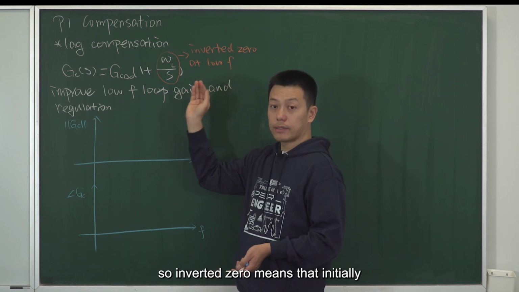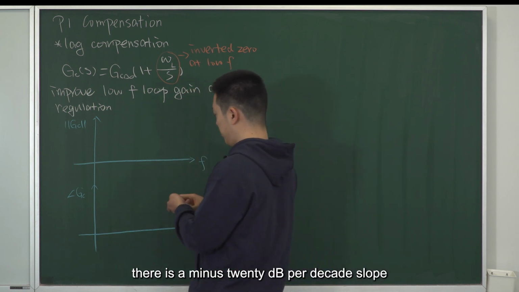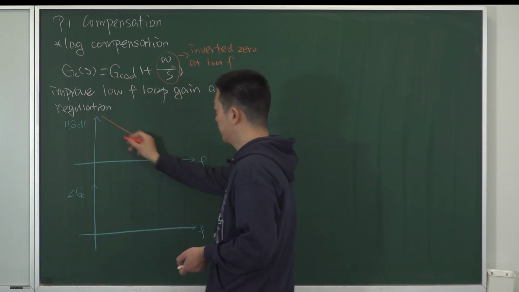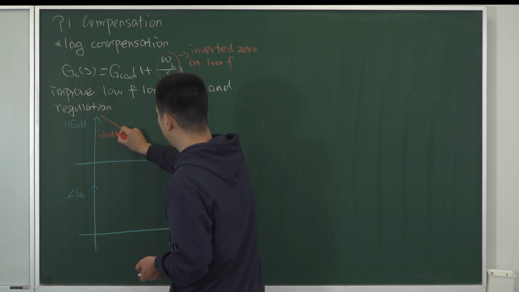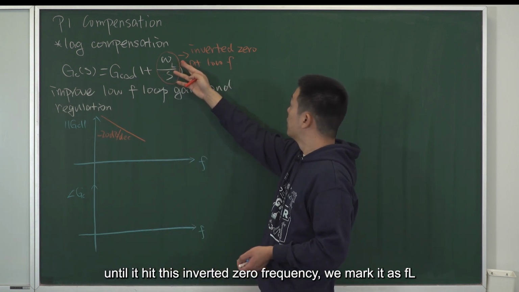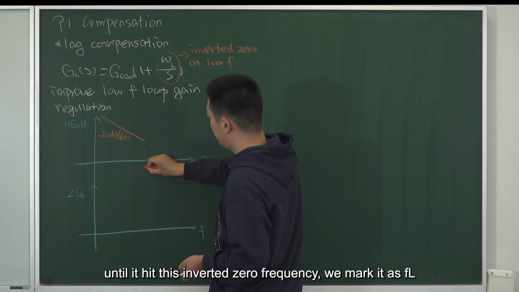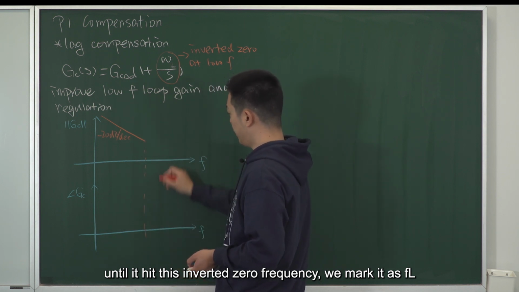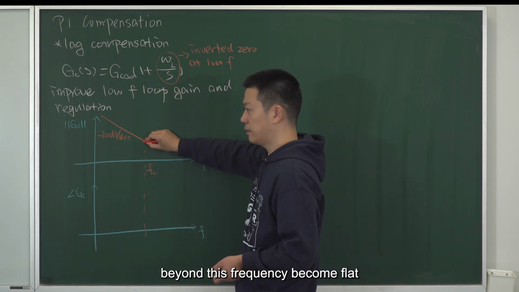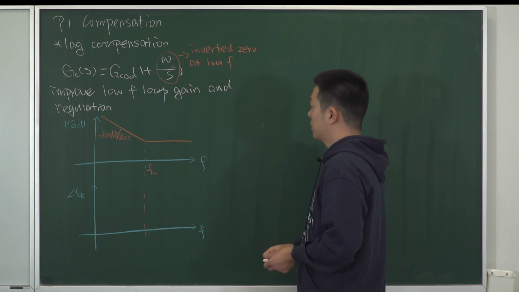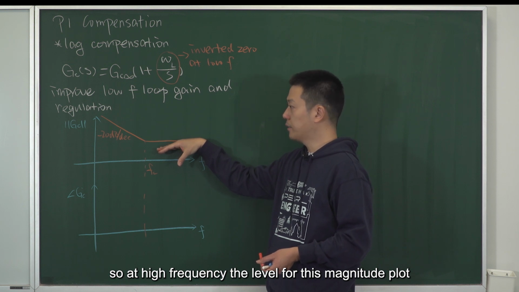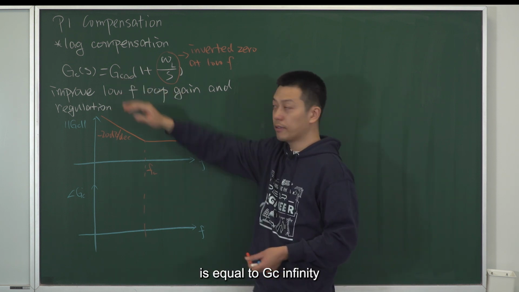Inverted zero means that initially there is a minus 20 dB per decade slope, until it hits this inverted zero frequency, which we mark as FL. Beyond this frequency, it becomes flat. So at high frequency, the level for this magnitude plot is equal to GC infinity.